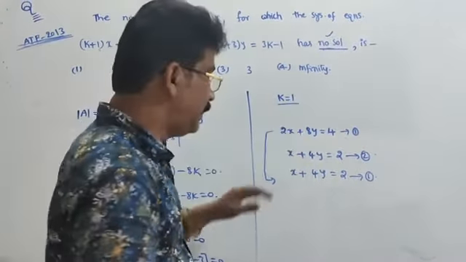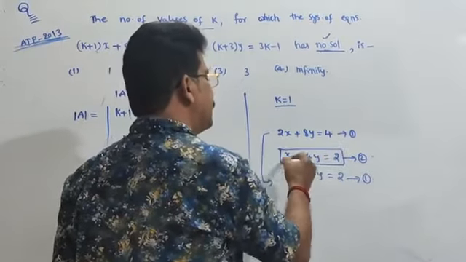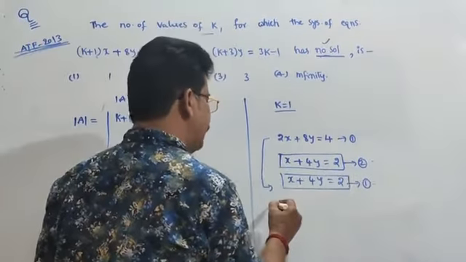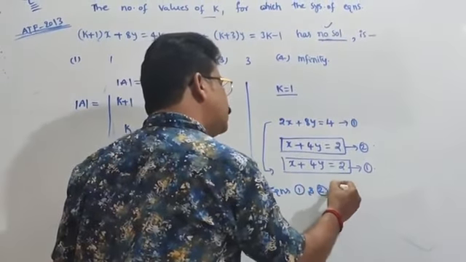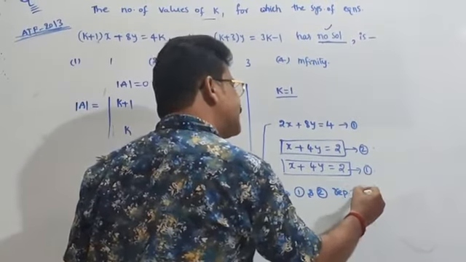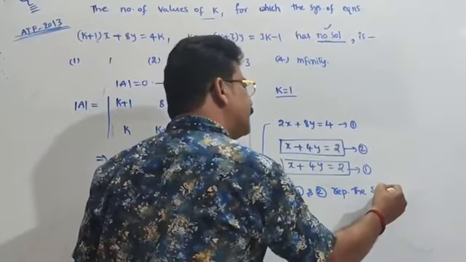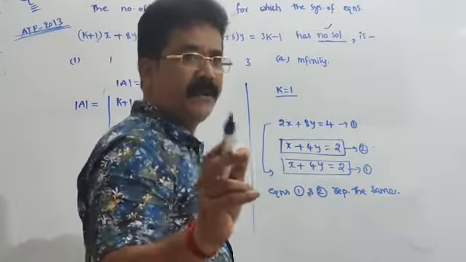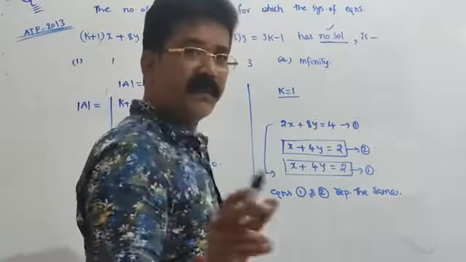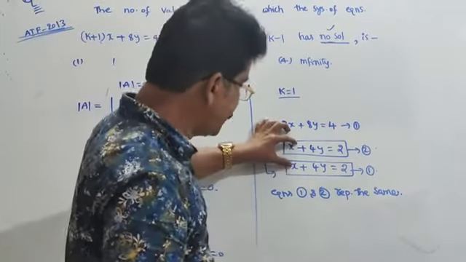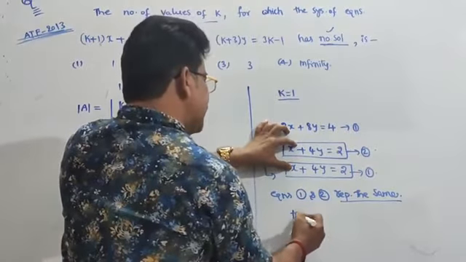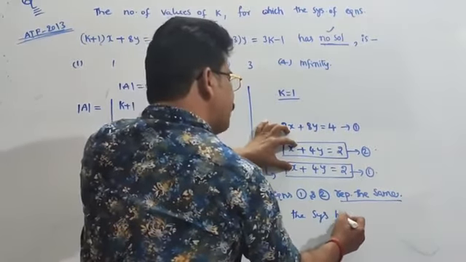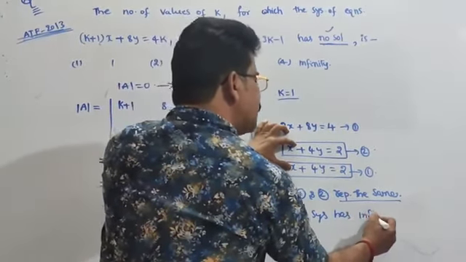We observe that equations 1 and 2 represent the same equation. Remember, this is the most important point: if these two represent the same, then the system has infinite solutions.